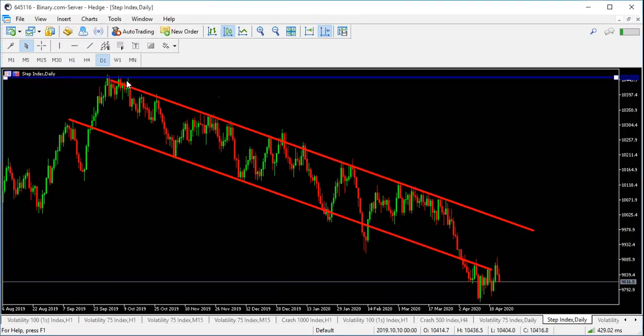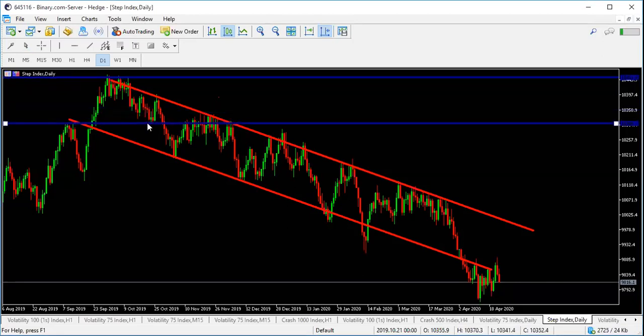Okay, on the supply and demand zone, simply we mean the most resisted or the most supported areas that we encounter when we are in a trend, okay? For example, we take this one.